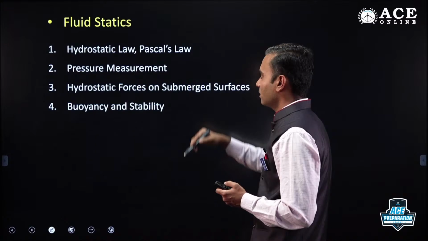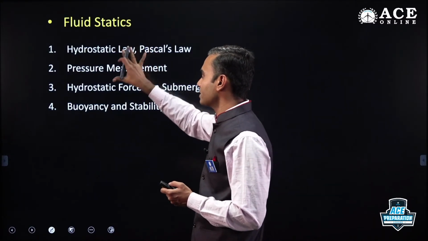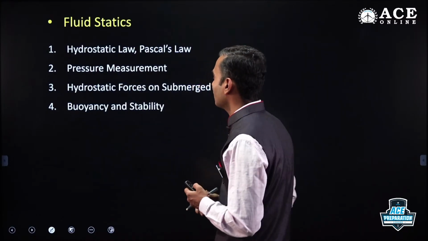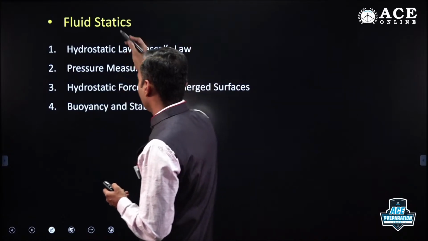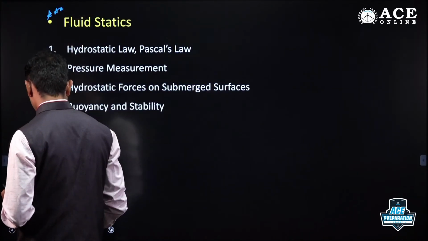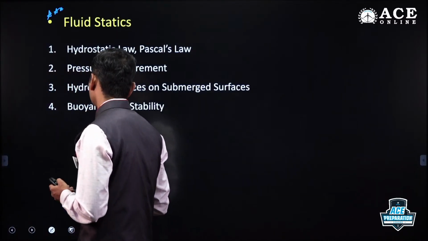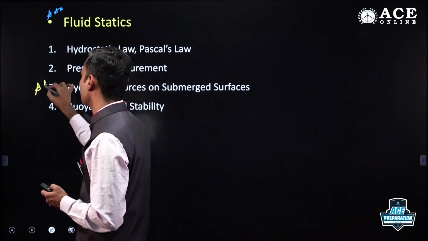So similarly, I will go to the next topic. In every chapter, we'll see which topics are important. In fluid statics, the overall weightage of this chapter I gave 3 star. So in this chapter, the most important topic is hydrostatic forces on submerged surfaces.